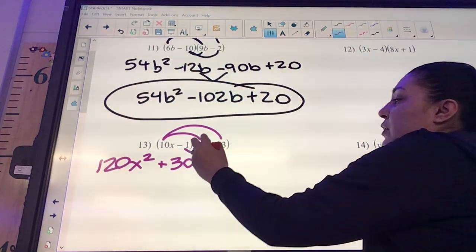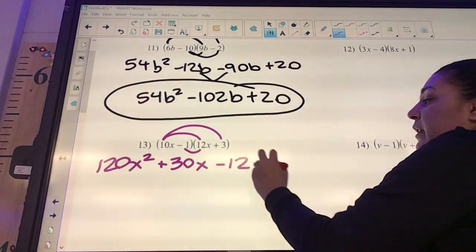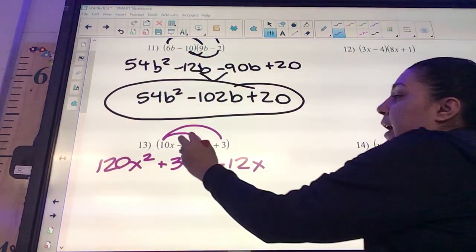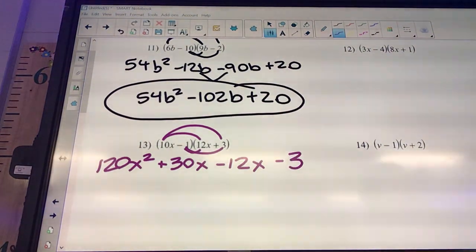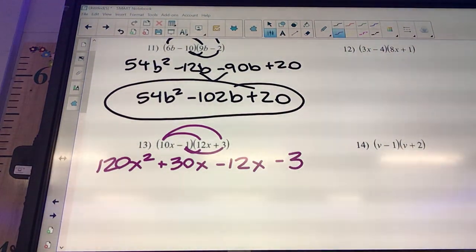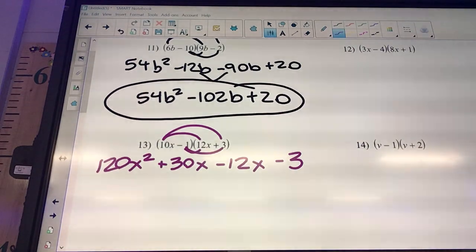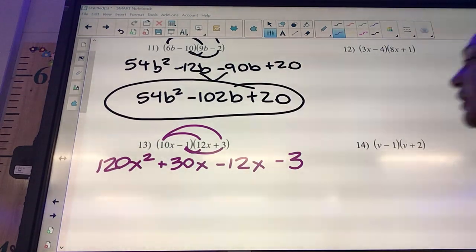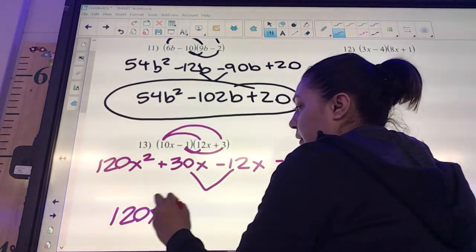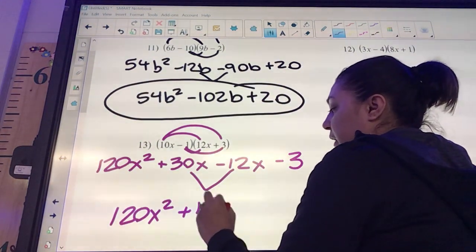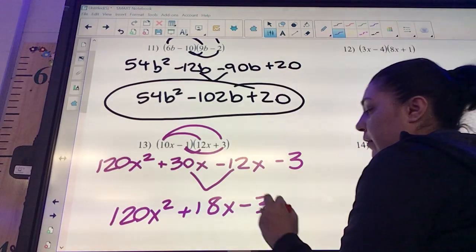Negative 1 times 12, it's going to be negative 12x. And negative 1 times the positive 3 is going to be negative 3. Yep, so what is 30 minus 12? Is it 18? Okay.